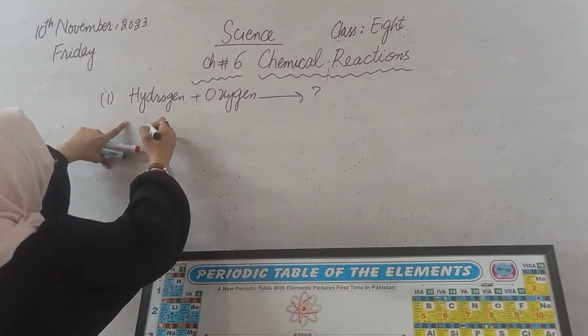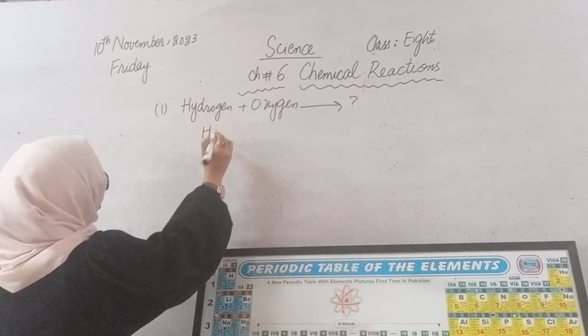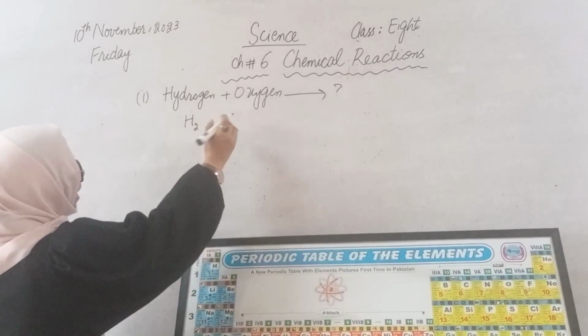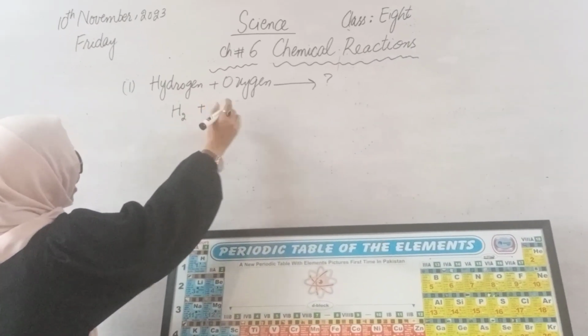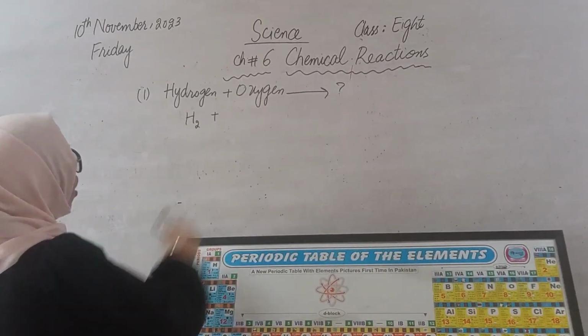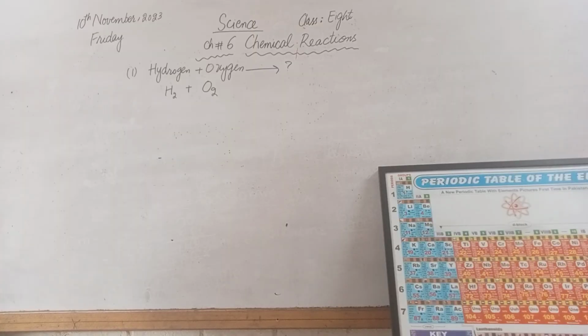As you know, hydrogen has symbol H, and it will exist in the di form. Di means 2. Next one is oxygen. It is also a gas. It is also found in the divalent form of 2. One thing more, you know that we have written a rule that gases are found in the divalent form.